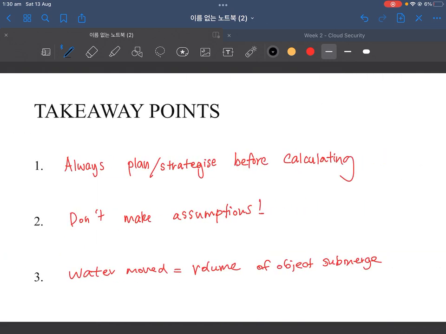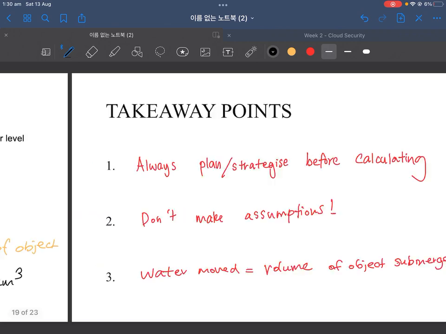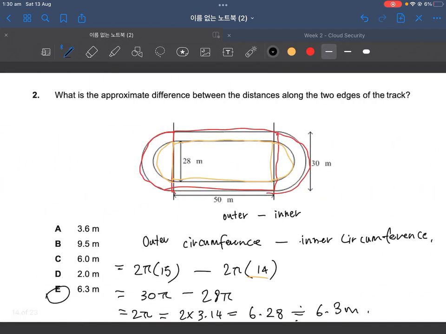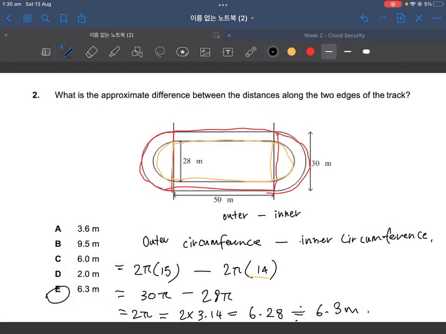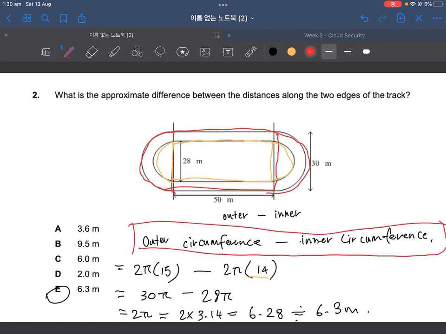Right, finally we're up to our takeaway points, and these are some things I've written. Number 1, always plan or strategize before your calculations. And what do I mean? Well, if we have a look at question number 2, notice how we've planned this out by saying we're going to solve this by doing outer circumference minus inner circumference of the circle.